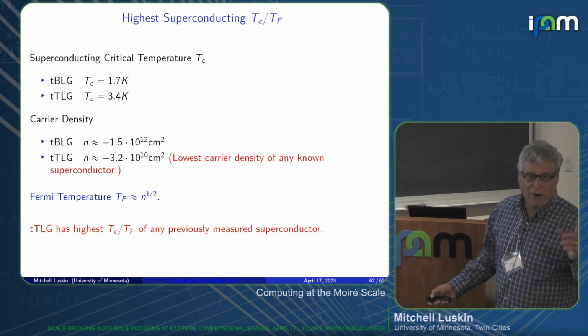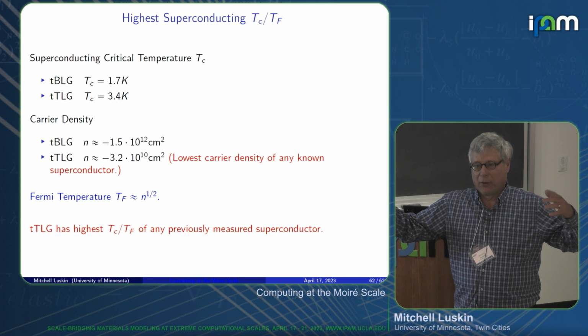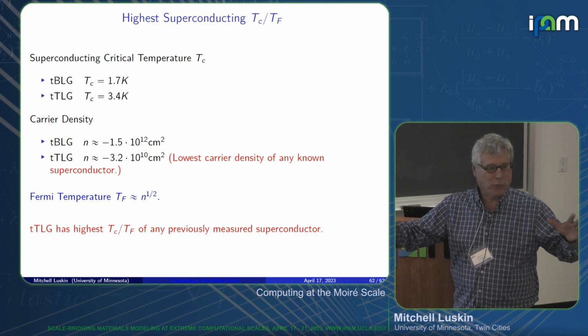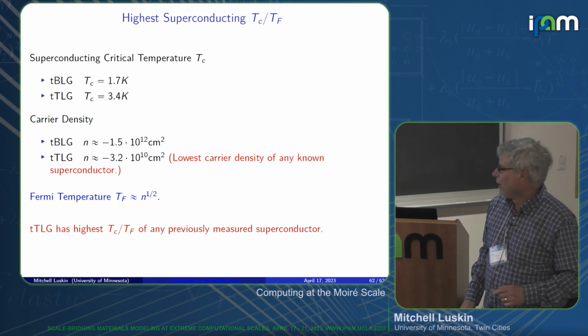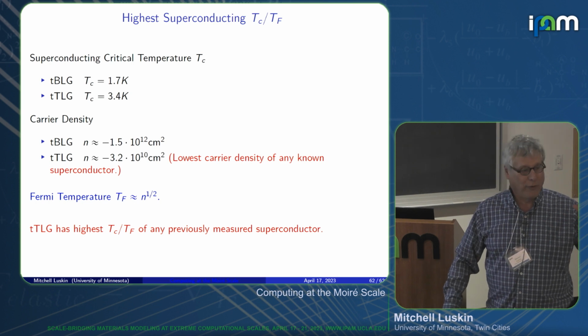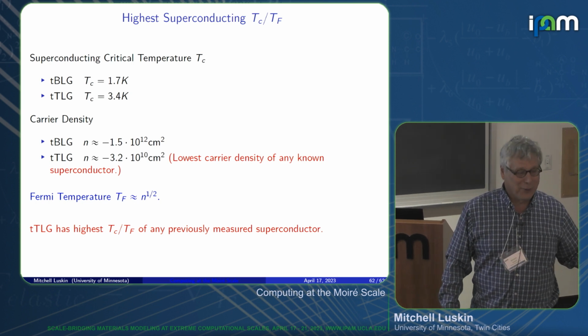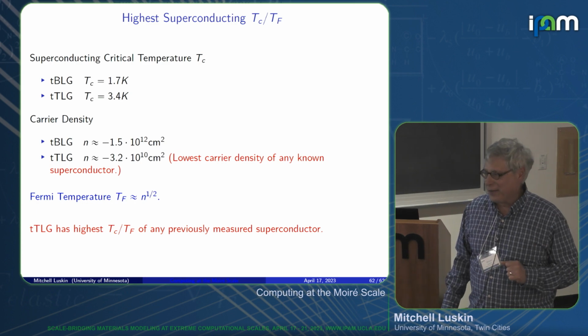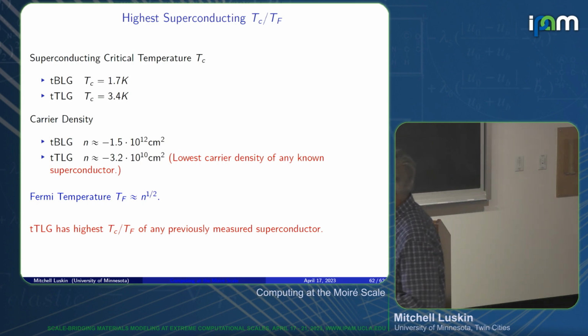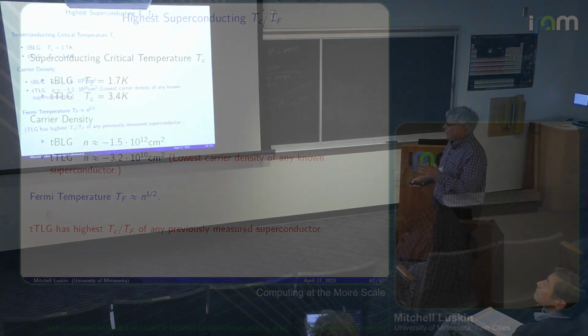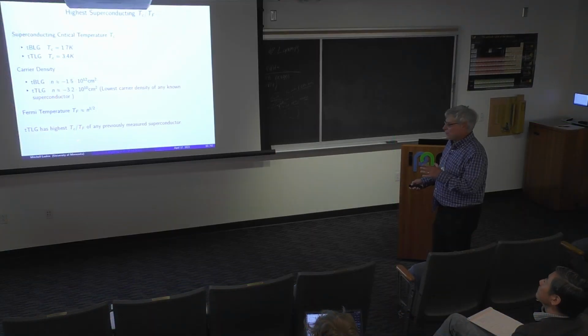And as I started off saying, what's really interesting from the basic science point of view is a scaled variable. Maybe for technology you want high temperature superconductivity, but from a theoretical point of view, you want some kind of scaled parameter. This is what enters into your theory, and that's Tc divided by Tf.